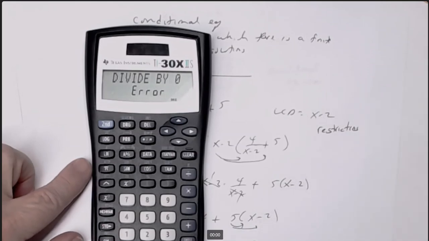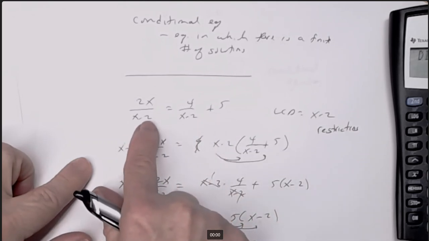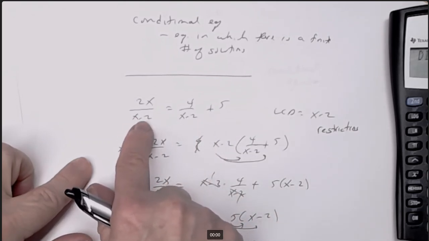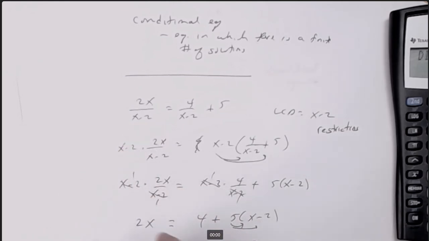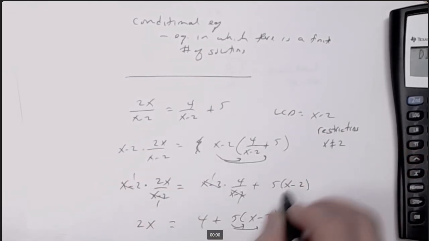What value of x will make x minus 2 equal 0? You can even guess at that. What number minus 2 is 0? Anyone? 2. 2 minus 2 is 0. So my restriction is that x cannot equal 2. And that's the same thing here. 2 minus 2 is 0. So there's only one restriction. The restriction is x cannot equal 2.